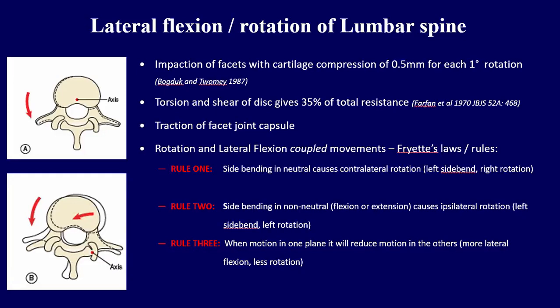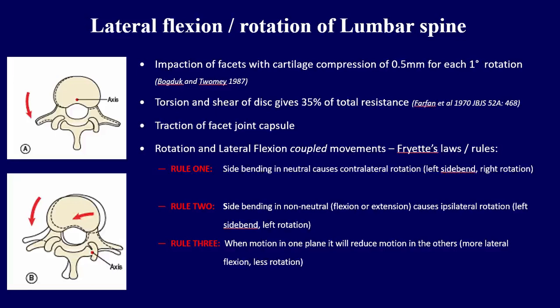So left side bend will be accompanied with left rotation. And in general terms, when there is more movement in one plane, there will be less when in the other plane. So when we get a greater degree of lateral flexion, less rotation is available.